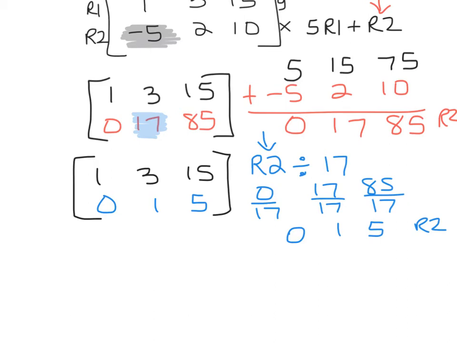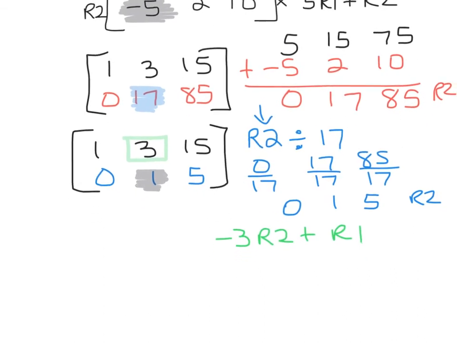Now I need to shift over to column 2. Notice in column 2, I was needing to make this 1 become a 1, and it's already done. So now the next thing I need to work on is changing this 3 to a 0. So I'm going to take row 2, multiply it by -3 and add it to row 1.